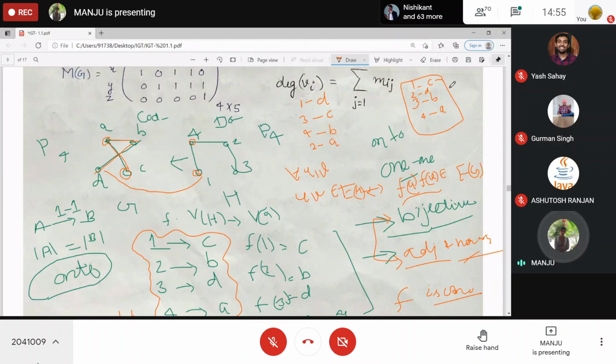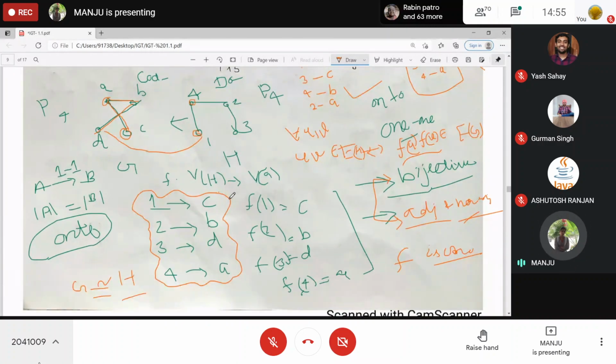Why not? Ma'am, because it does not satisfy adjacency. Yes, the adjacency condition is not preserved, right? It is not satisfying adjacency and non-adjacency. That's why it is not isomorphic. And you cannot use this function to show that these are isomorphic. Okay, either you can take this one or you can take this one. Clear?